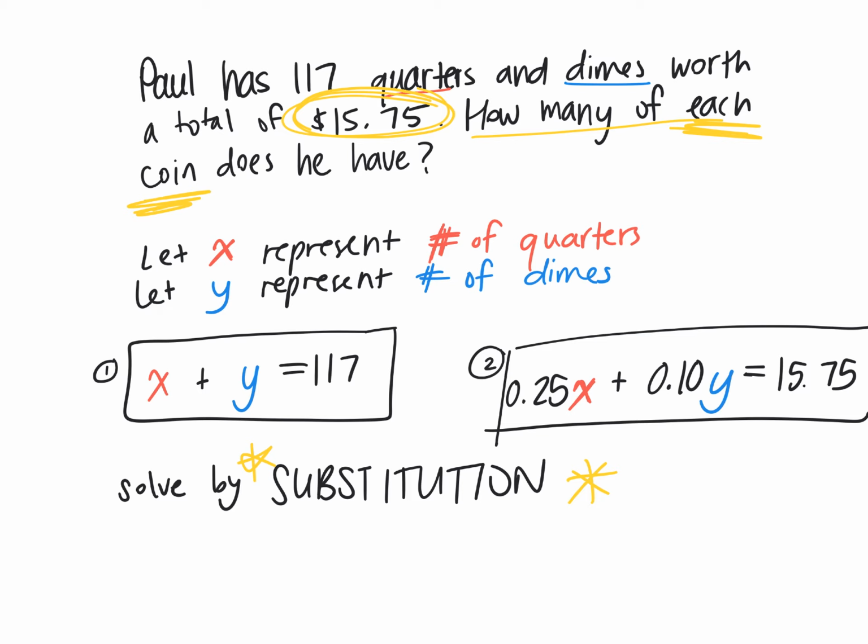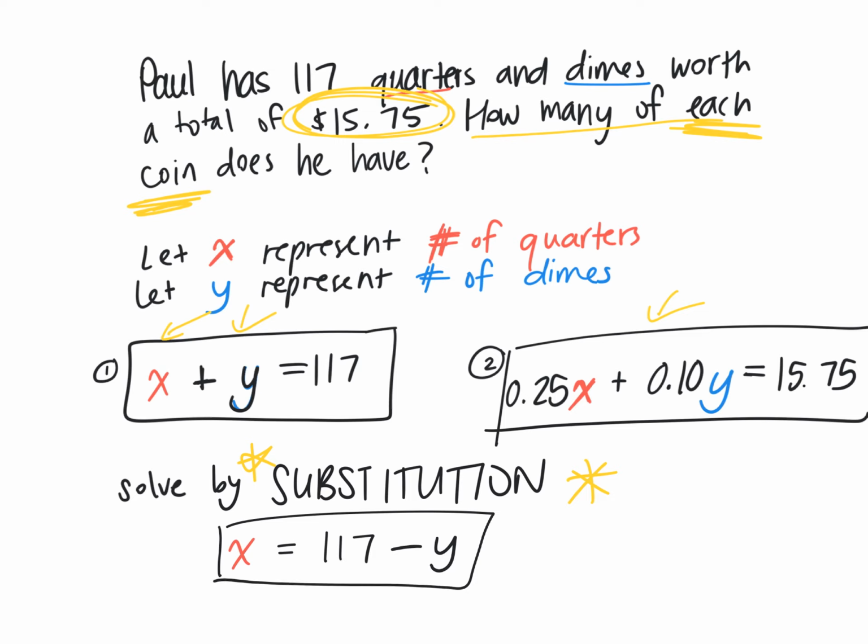Which one's easier to isolate a variable, equation 1 or equation 2? Equation 1. What do you want to isolate, x or y? X? Okay, so x is equal to 117. What do I do with this plus y? Becomes minus y. That's the first step in substitution, right? Isolate a variable.